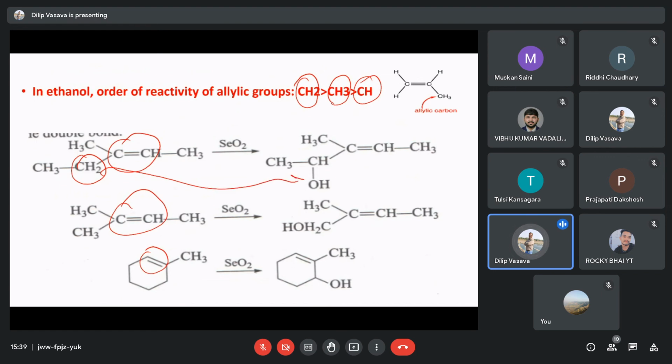That is why we are getting the alcohol. Now for this case, both are CH3 groups, so any one of the CH3 groups is oxidized. But for this condition, here it is the CH3 and here it is the CH2, so CH2 is going to be oxidized. That is why this carbon is oxidized.